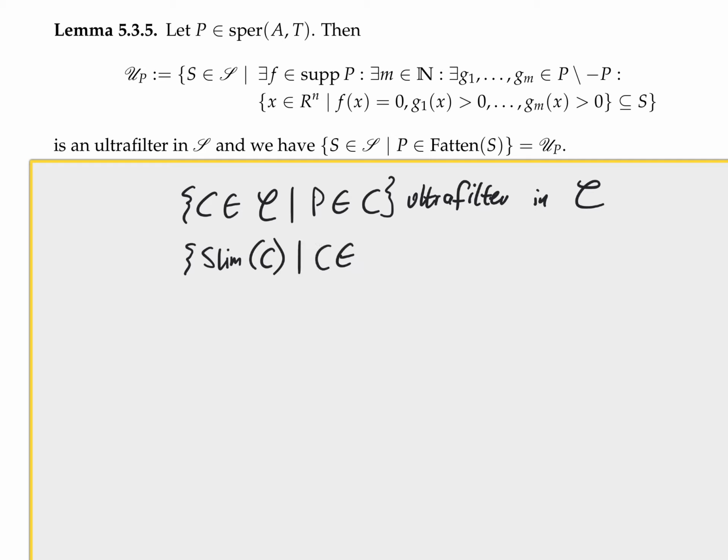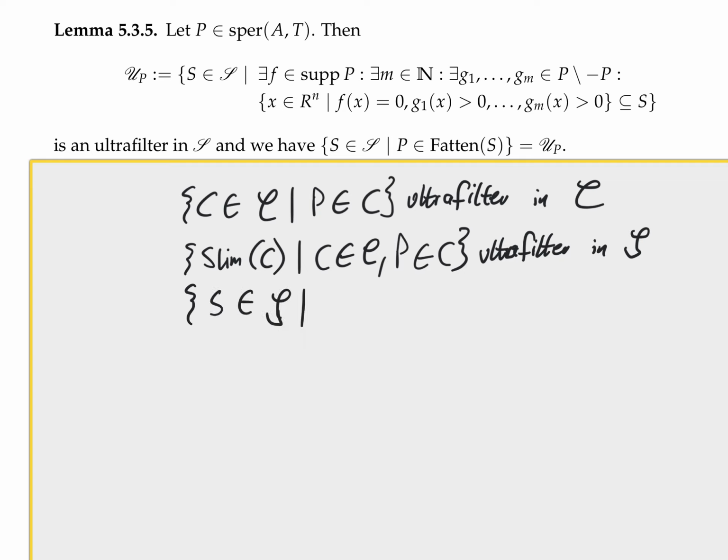And that's an ultrafilter in S. Or I could say I take the sets in S such that P lies in the fattening of S. This is again an ultrafilter in S. So in this way, to this point in the real spectrum of AT I've associated an ultrafilter, which I call the ultrafilter U_P in S.